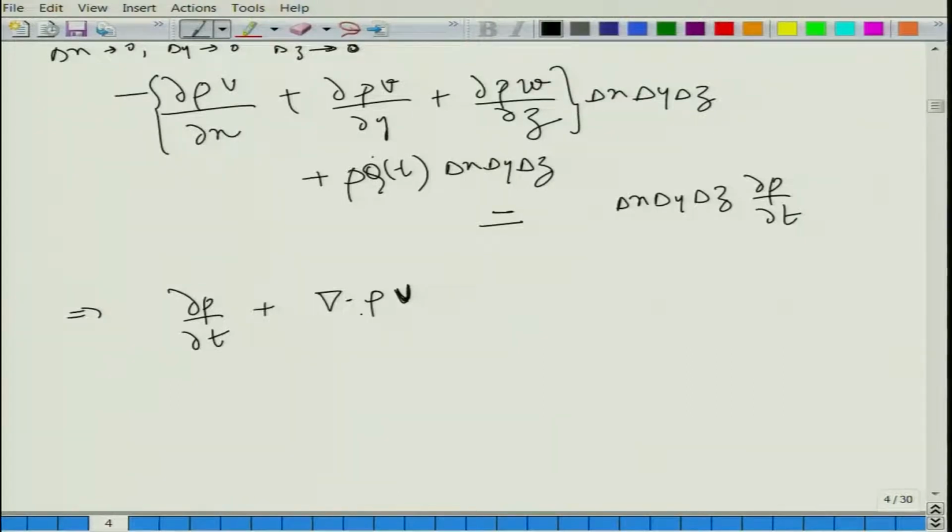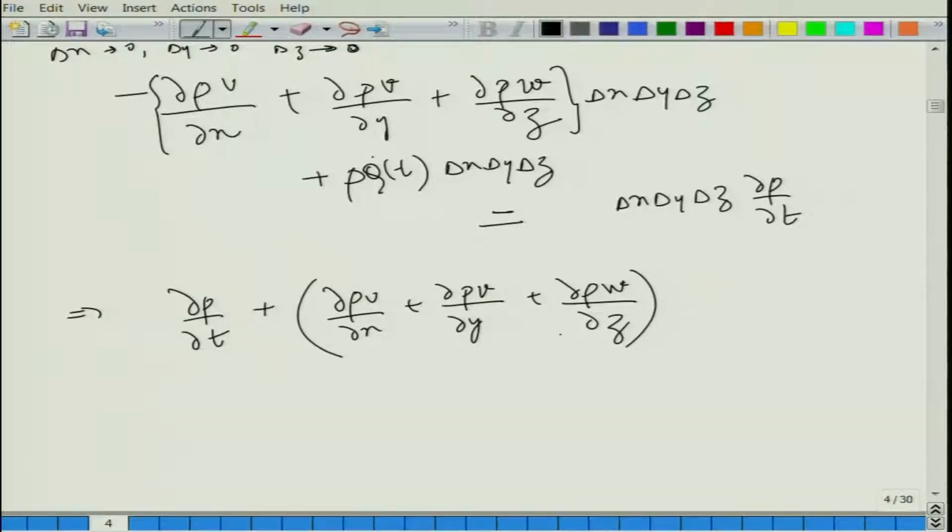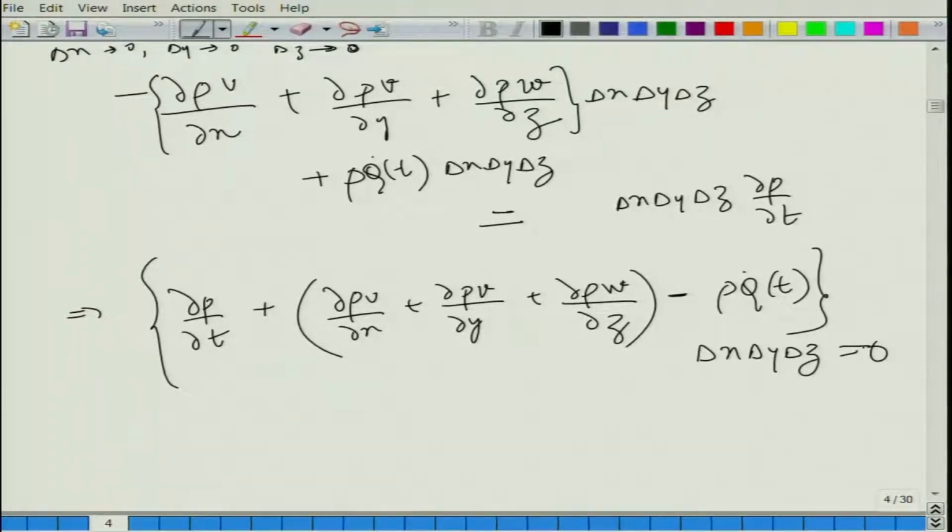For convenience I will write down the full blown form. And this is equal to rho q delta t, and I take this also on the right hand side, multiplied by delta x, delta y, delta z, equal to 0.